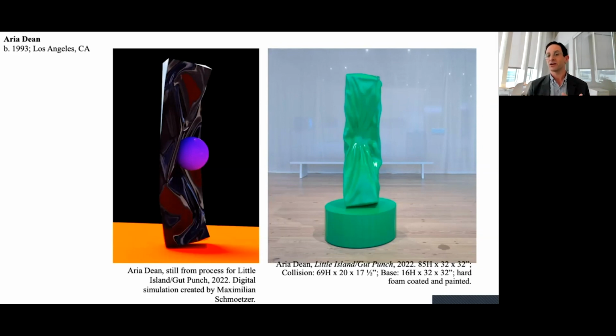And that might be one way you could think about the idea not only of the gut punch, but of the title Little Island. Because this work is positioned right near the Whitney's windows that look out on Little Island, which is a public park across the West Side Highway in Manhattan that has all these platforms and plateaus for looking at the city, looking at the water in different ways.